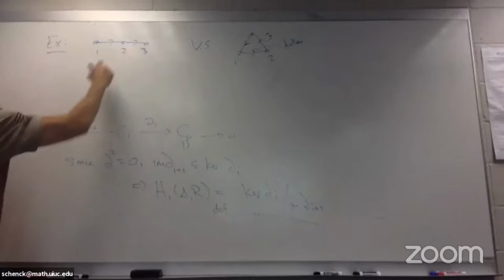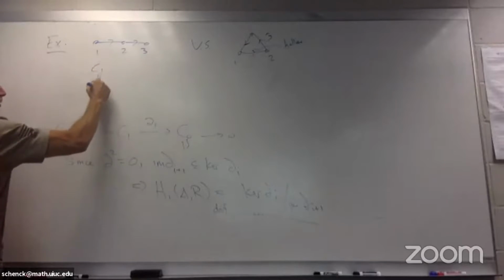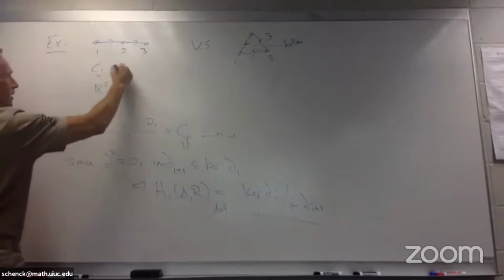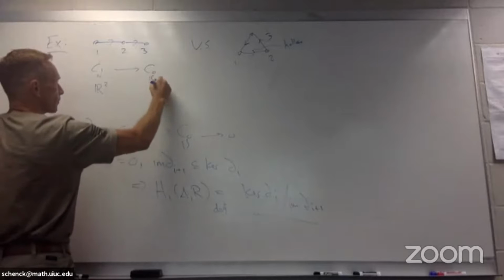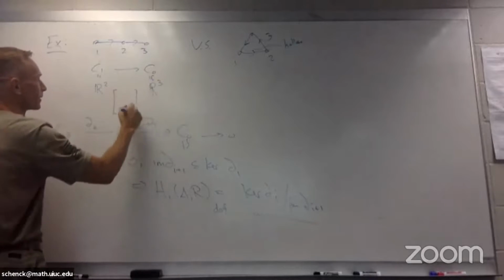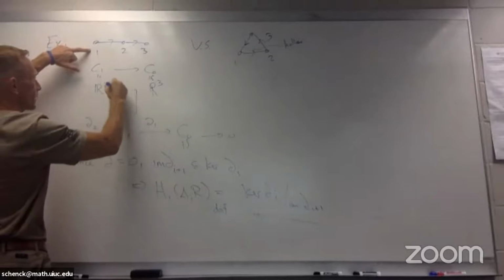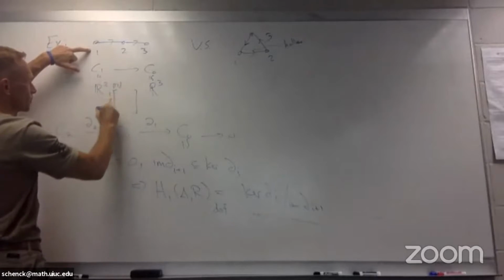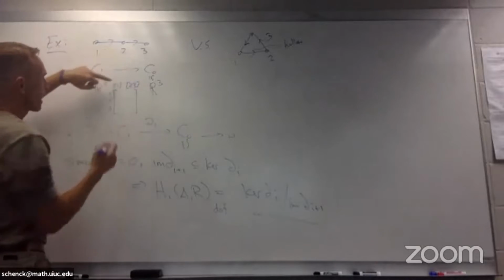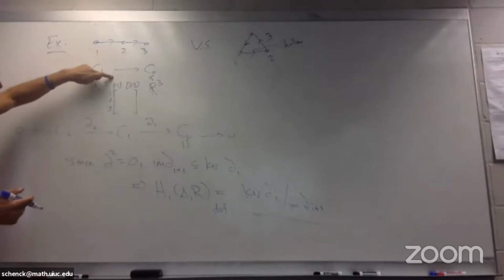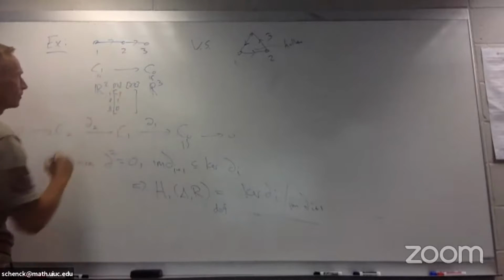Here I have two edges, so C1 is isomorphic to R^2, and I'm mapping to C0, which is isomorphic to R^3 because I have three vertices. My edges are 1, 2 and 2, 3, my vertices are 1, 2, 3, and the boundary of 1, 2 is head minus tail, so that's 2 minus 1.